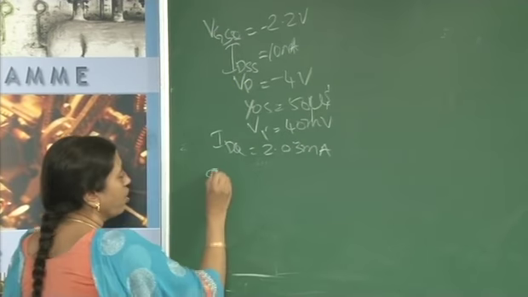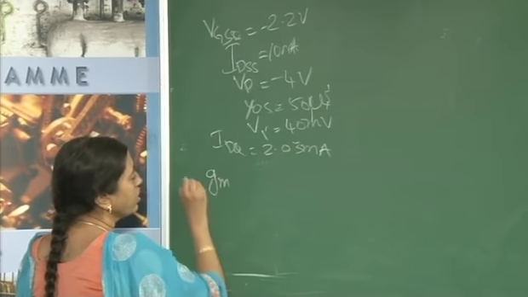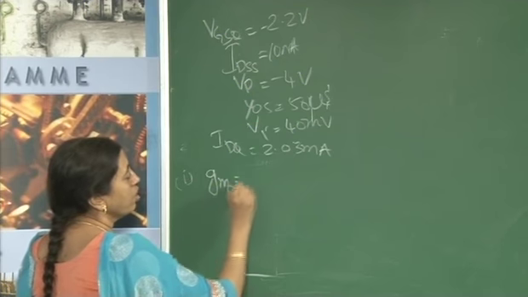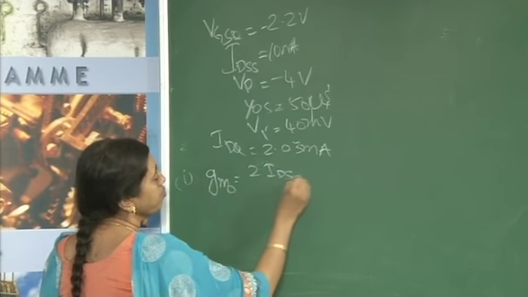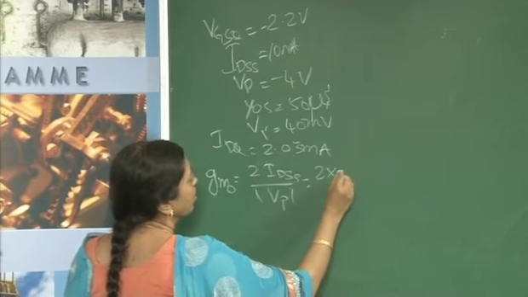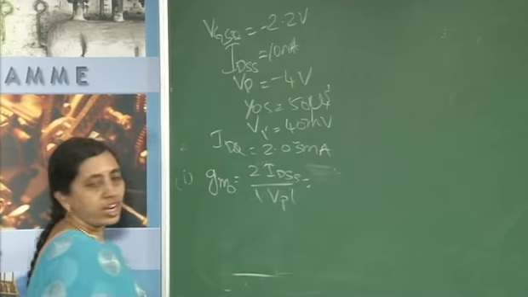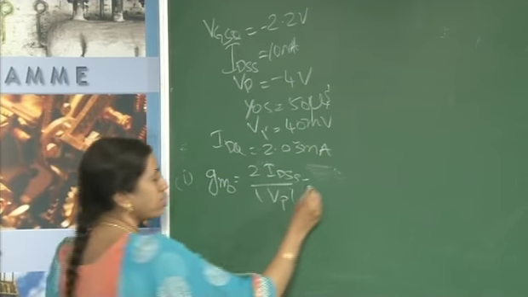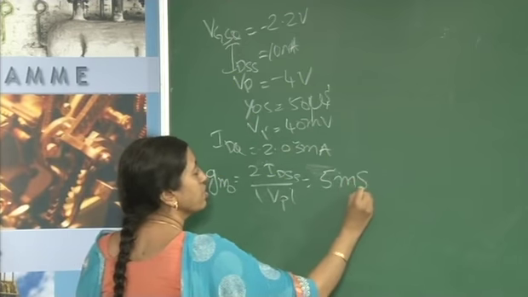So, to find gm we need to find out gm naught, which is nothing but 2 IDSS by magnitude of Vp. If you substitute the values, we will find that it is equal to 5 millisiemens.